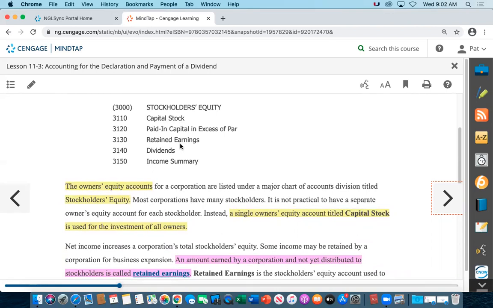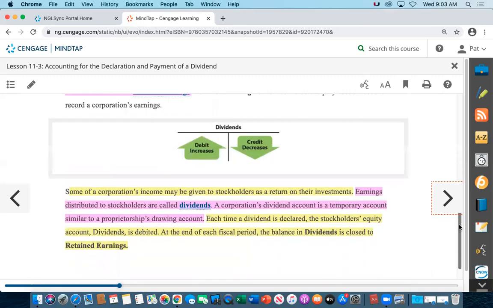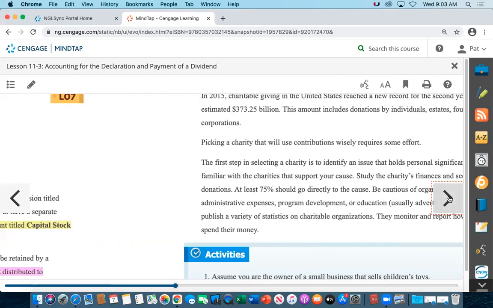We can also use it for expansions and upgrades. When we pay a dividend, we will debit it out of our retained earnings. We close in retained earnings so that we can show that retained earnings is increased with the net income. When we pay dividends, we will lower retained earnings, but it's still a good thing. It gives our investors something to look forward to.